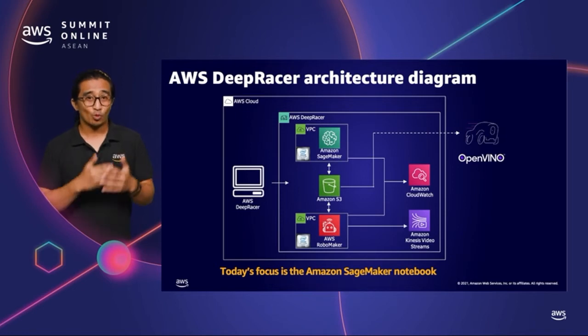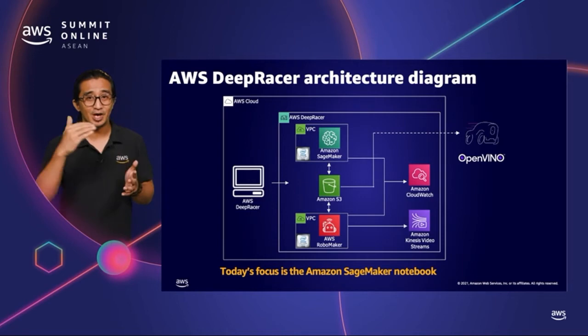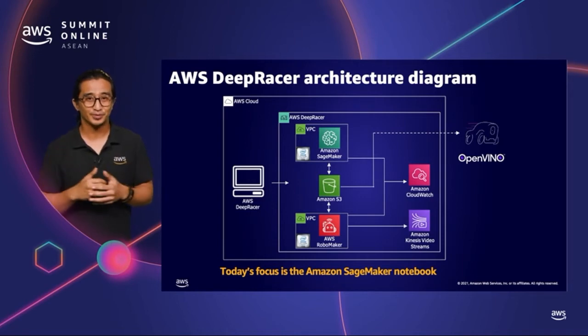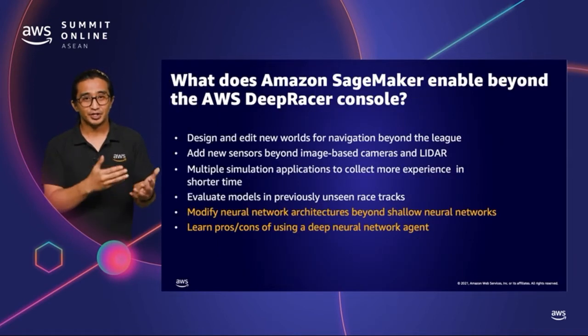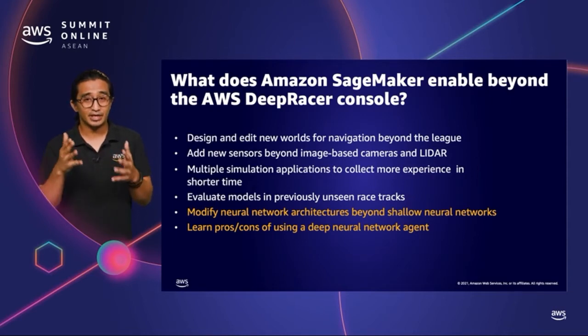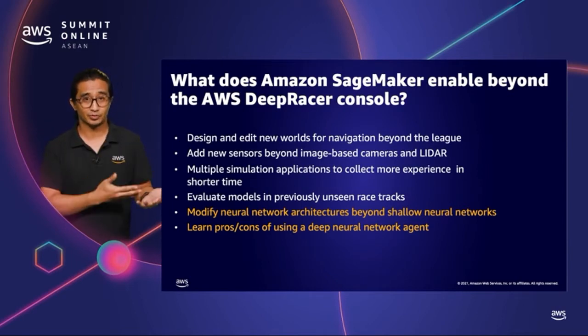So let's take a look at what you can do today with AWS DeepRacer and how you can go beyond that with Amazon SageMaker Notebooks. As you know, in DeepRacer, you are given multiple tracks. All of the races use these tracks, and you can compete using multiple tracks.